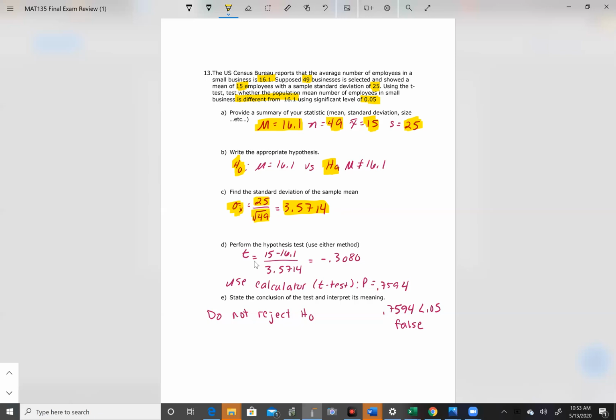Then we're going to perform the t-test, okay? And that is going to be, you put it in, and I think you can also do this on the calculator. I'm going to pause really quick and double check so that you don't have to watch me do it wrong if it is wrong, but I think you can. So hold on one second.